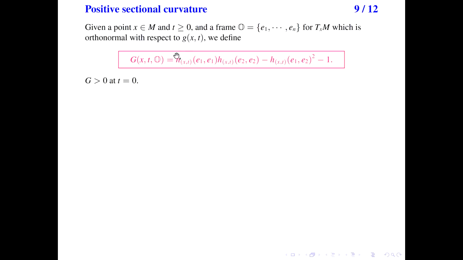Here h is the second fundamental form at the point x and time t, and the frame O is also orthonormal with respect to the metric g(x,t). By assumption, this function is positive at the initial time. So to prove that G remains positive for later time, we apply the maximum principle.